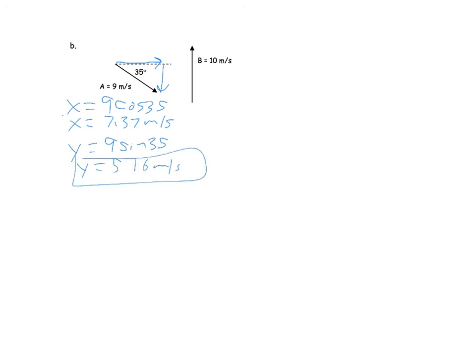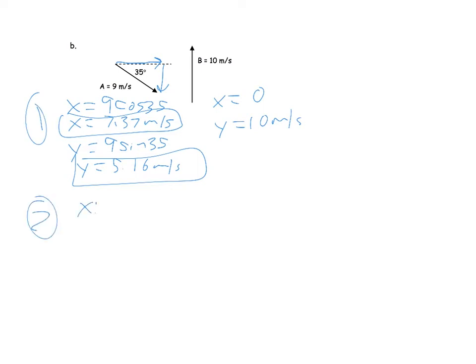All right, so there are my components. We could talk about the components of this one. The x component is simply 0 because it's not moving at all in the x direction, and the y component is simply 10. So we can still break it into components, but we don't need to use any trig. Next thing we're going to do is add the components. So in the x direction, we have 7.37 plus 0.